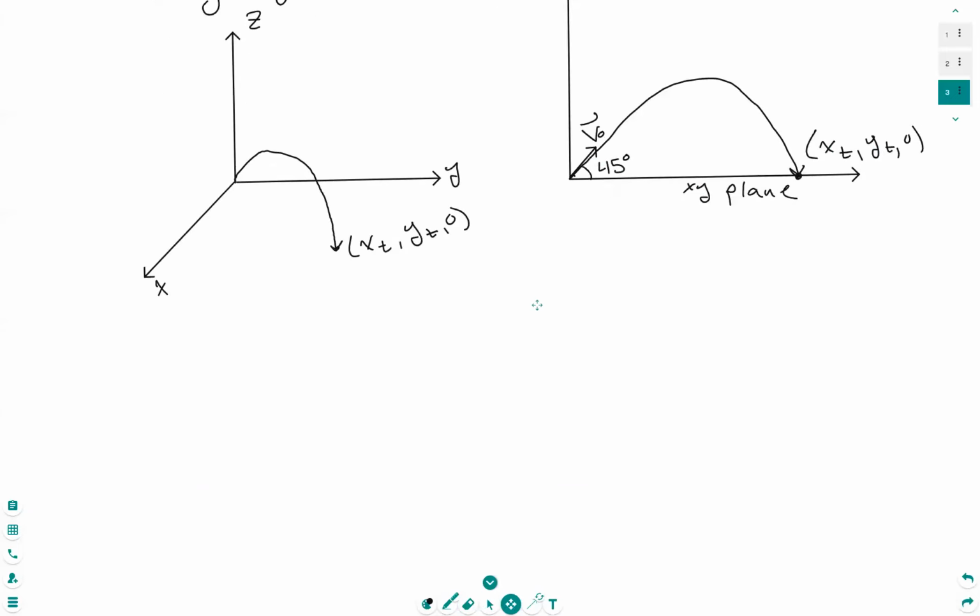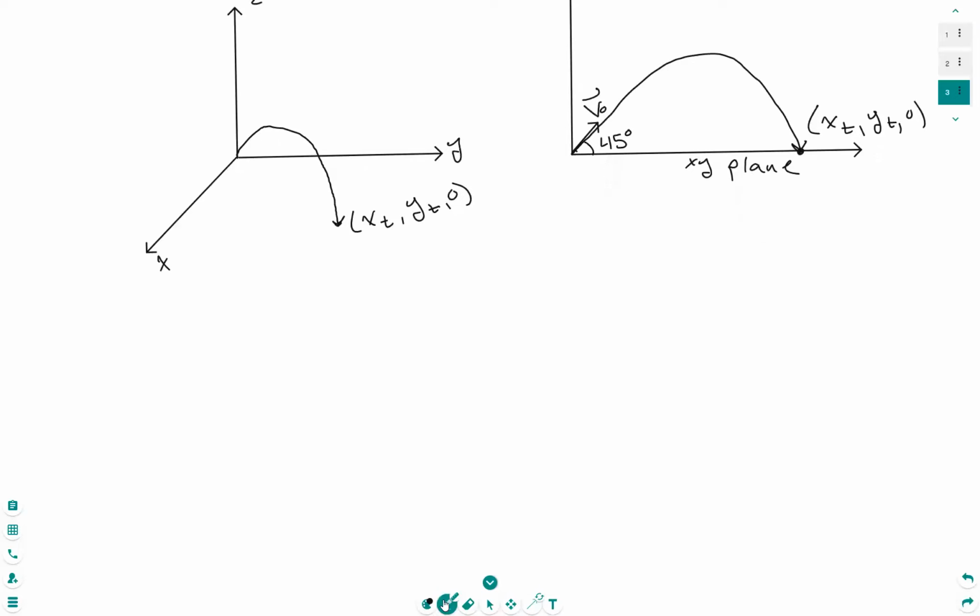So let's start with some Newtonian formatting here. So we have that the force is equal to the mass times our acceleration, which is negative m g k hat.